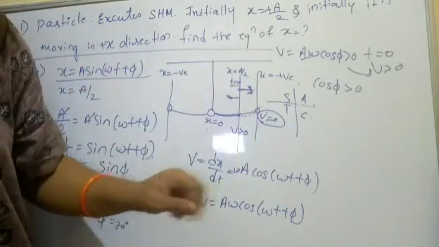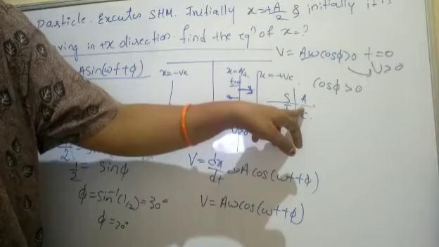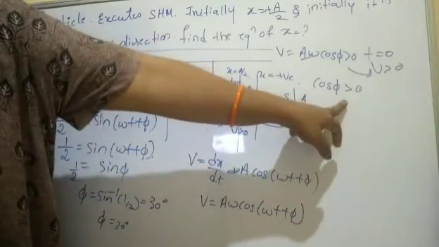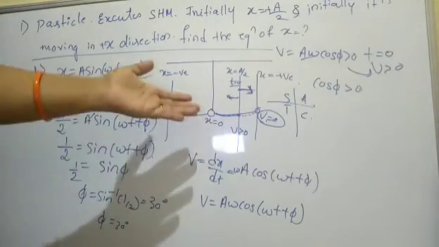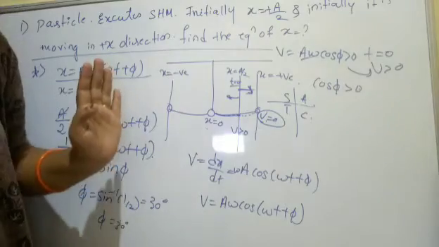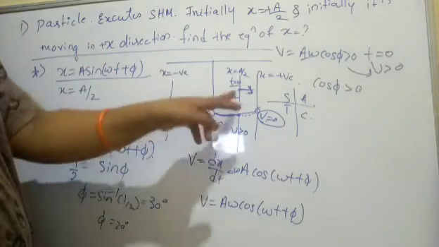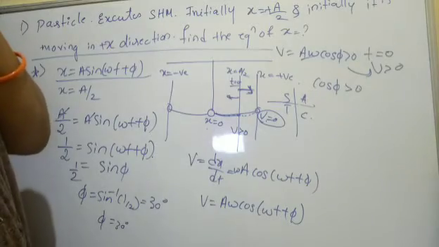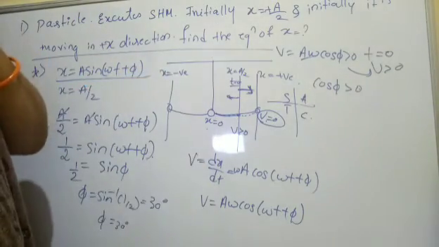because the body is moving in a positive direction. And its velocity should be greater than 0. I have explained why: velocity is 0 at the extreme position, but the body is not at the extreme position, it is in between the extreme positions. Already it is in a positive direction.